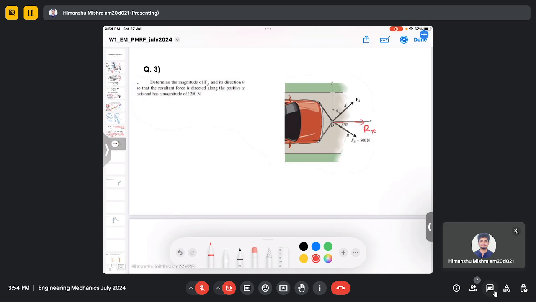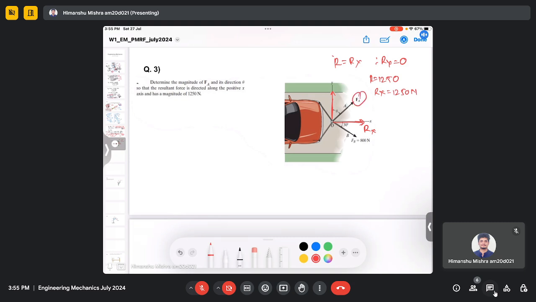So my resultant force will be equal to Rx because Ry equals 0. Because if my resultant force is along the x-axis, there will be no resultant force acting along the y-axis. And the magnitude of the resultant force is 1250, which is my Rx, 1250 Newton.